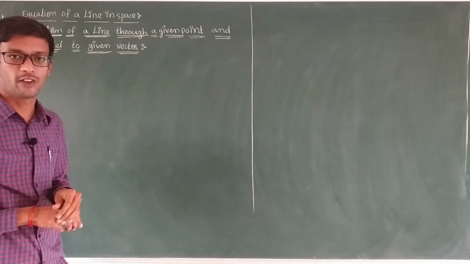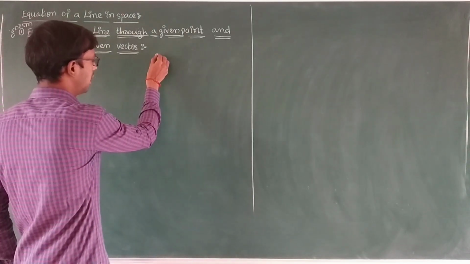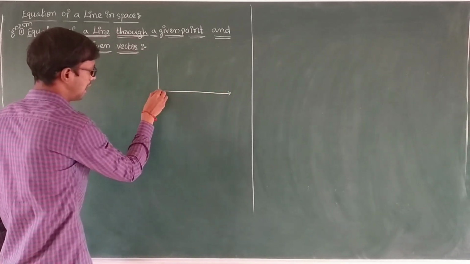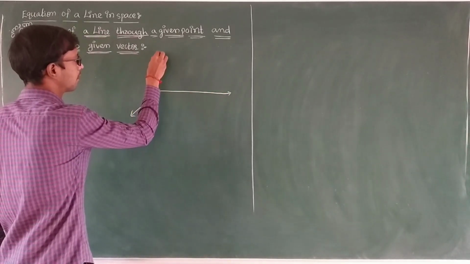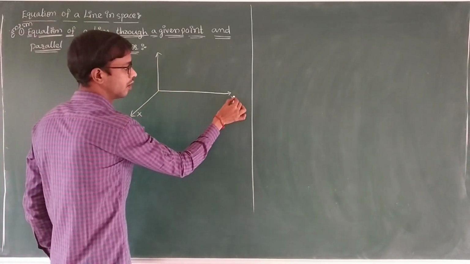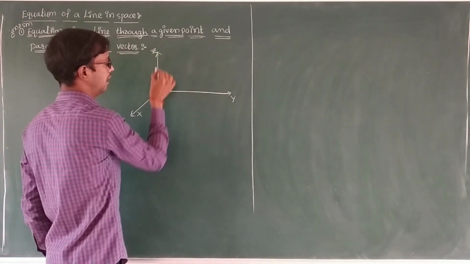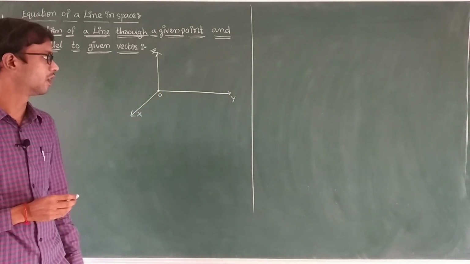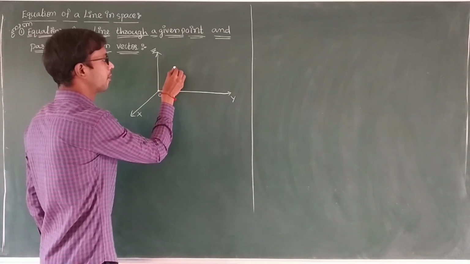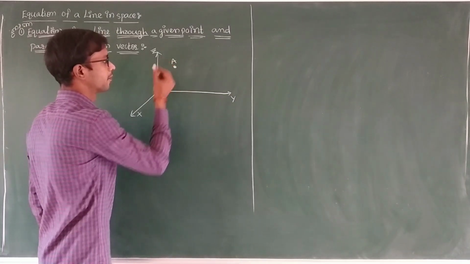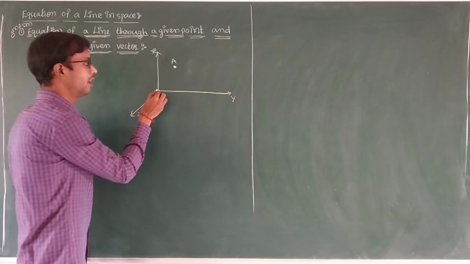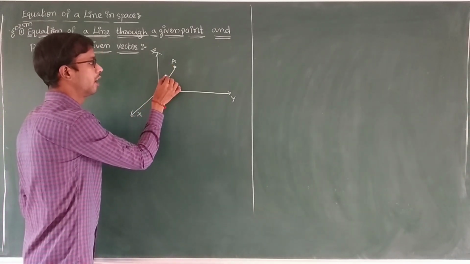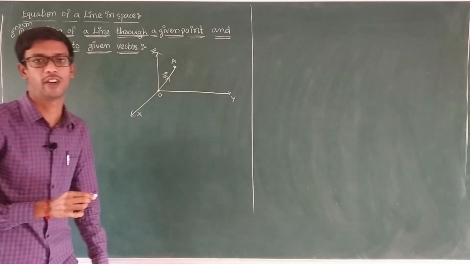The diagram is very important here. I am taking a right-handed rectangular system: x-axis, y-axis, z-axis, and origin O. One point I am taking, point A. If you join OA, I am taking it as a position vector.